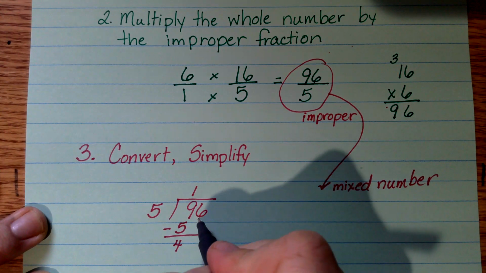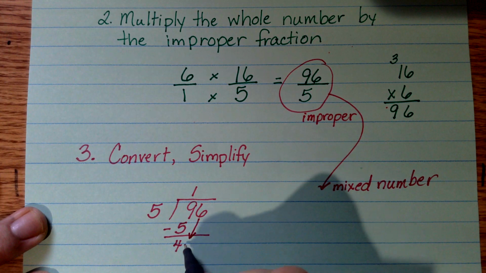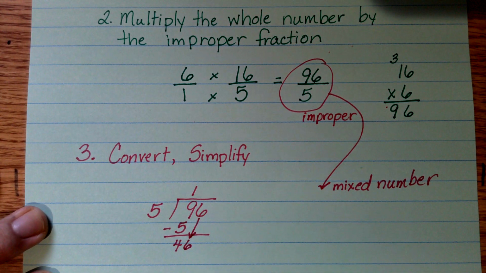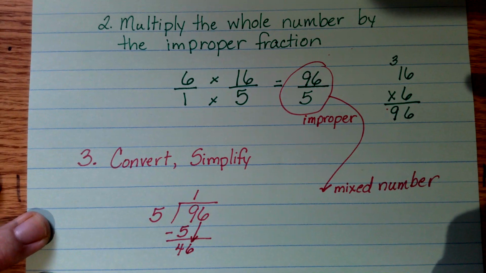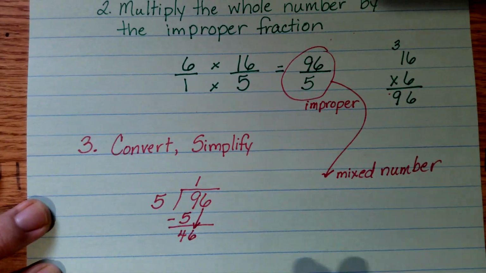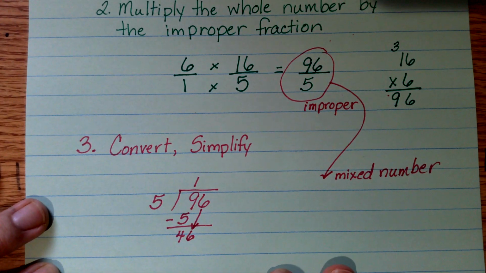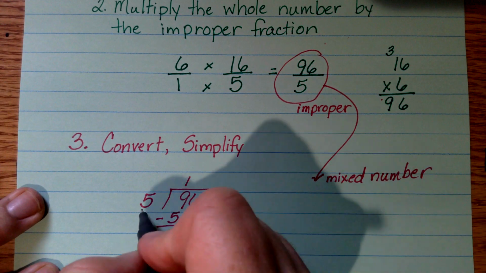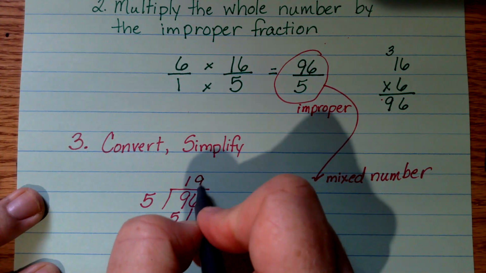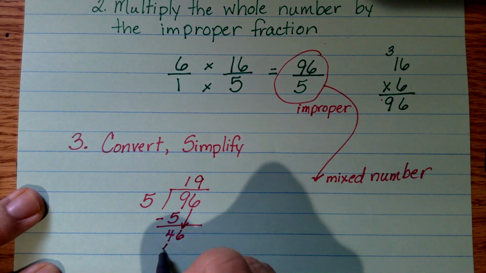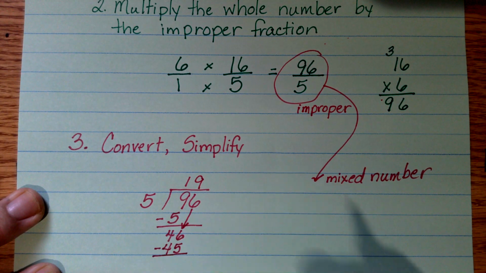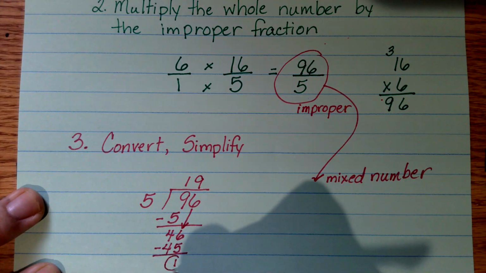I'm going to bring down this 6 right here. Okay, how close can I get to 46 without going over? Well, if I know my multiplication facts, I know that 5 times 9 is 45, and that's as close as I can get without going over. So I'm going to subtract 45. That leaves me with a remainder of 1.